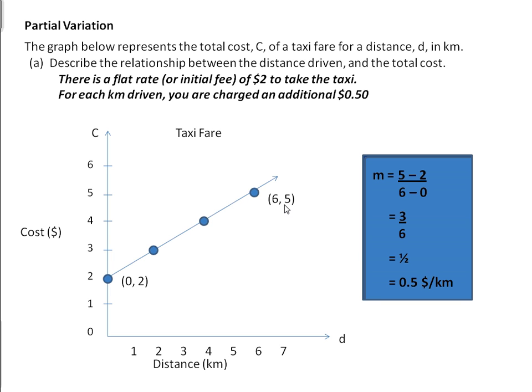In this case, we have y2 minus y1, so 5 minus 2 over 6 minus 0, which gives us 3 over 6, 1/2, or $0.5 per kilometer. Because again, we're calculating the change in cost over the change in distance driven.